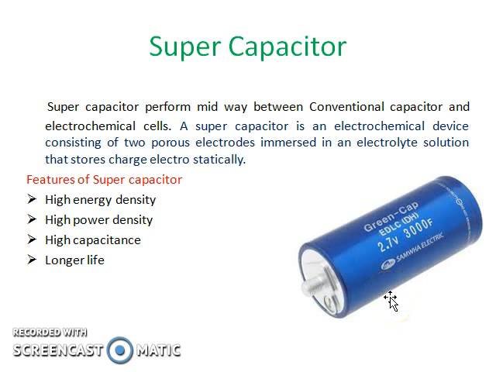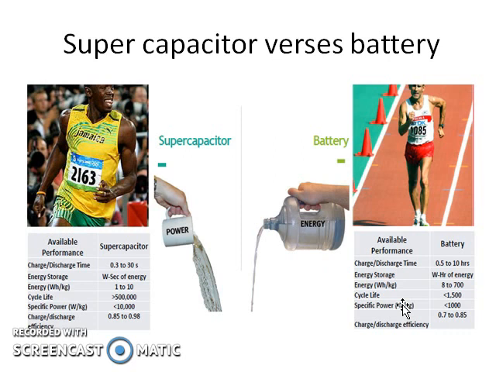So basically an ordinary capacitor is used as an energy storage device. The supercapacitor has its characteristics, the name indicates something super is available in the supercapacitor. So in the next slide we will discuss the comparison between supercapacitor versus battery.